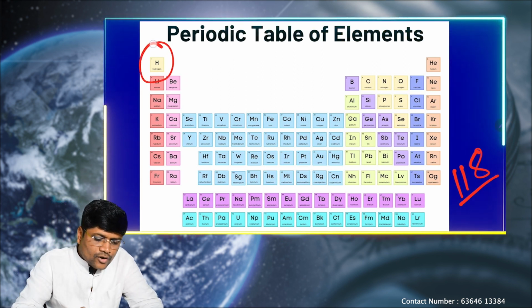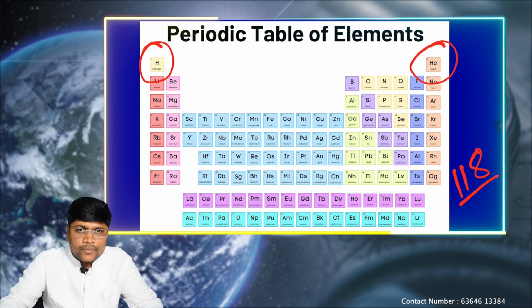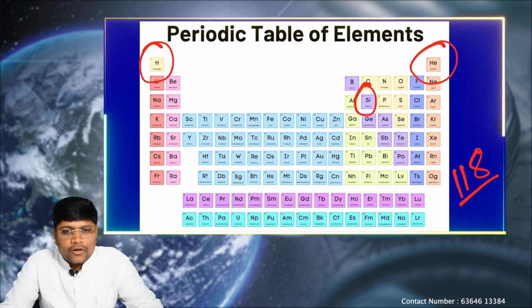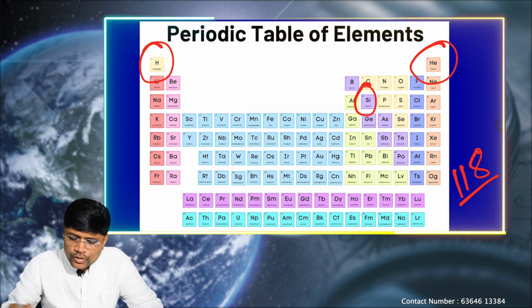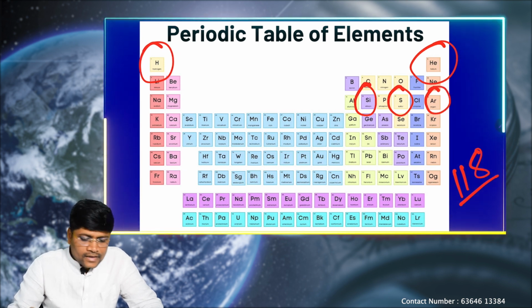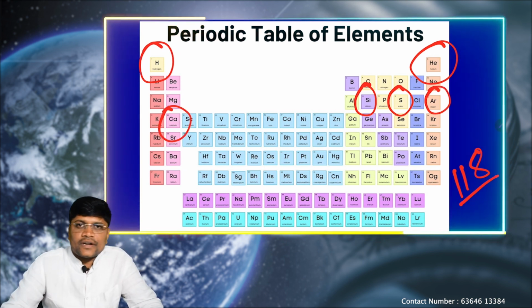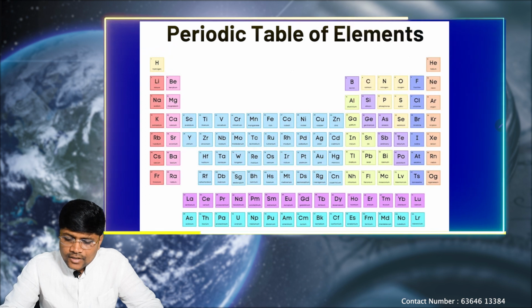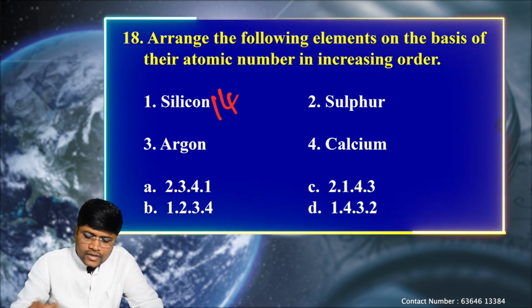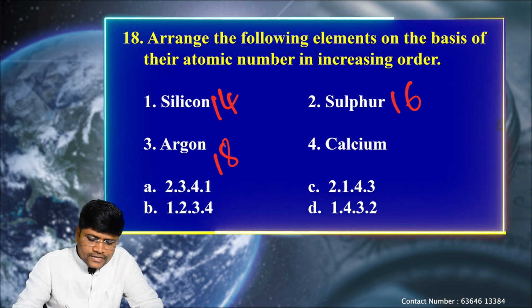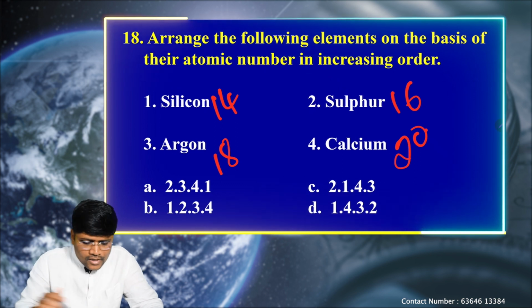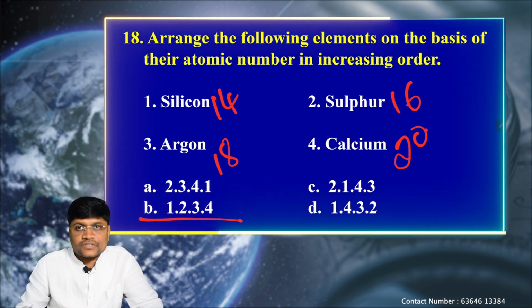Hydrogen ranks first and helium second. Silicon has atomic number 14, sulfur is 16, argon is 18 and calcium is 20. So it is all in increasing order, and option B, 1, 2, 3, 4, is the correct one.